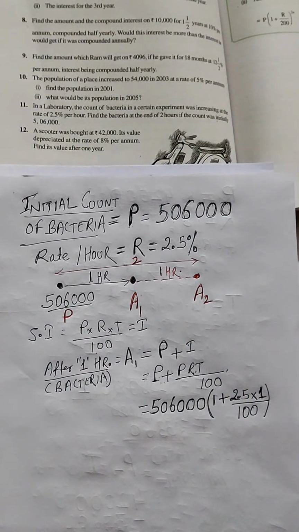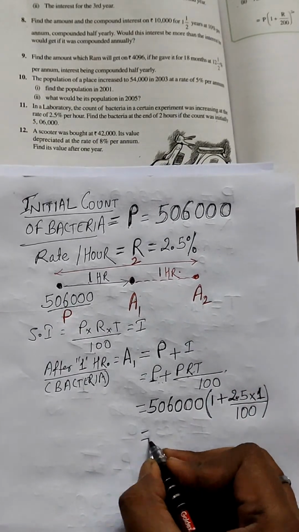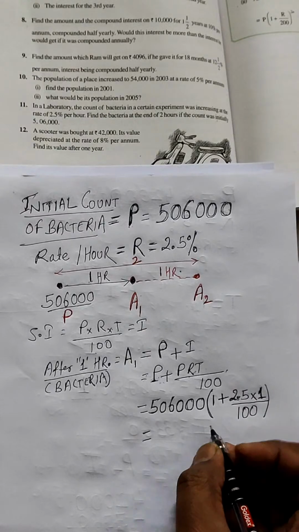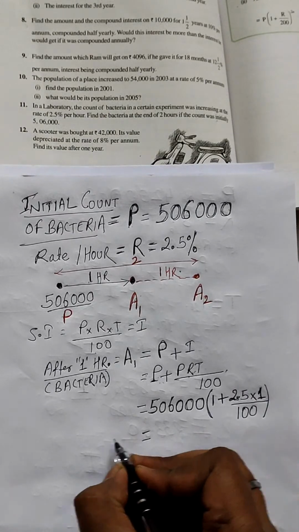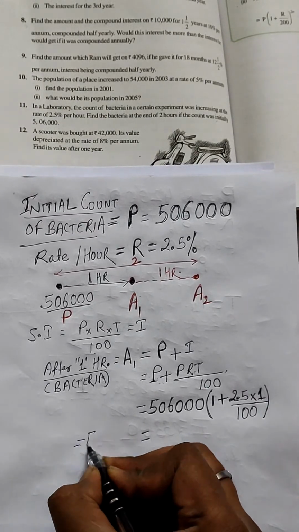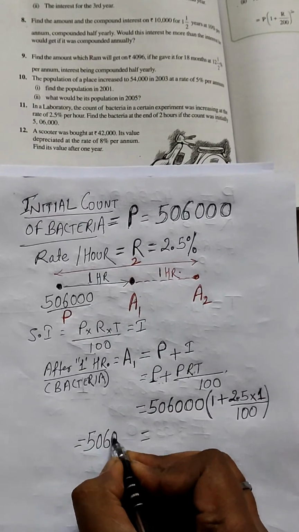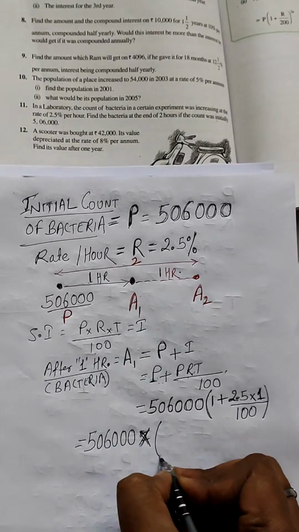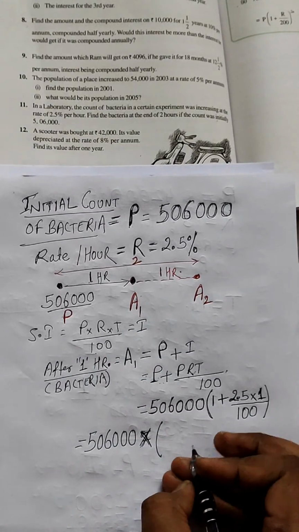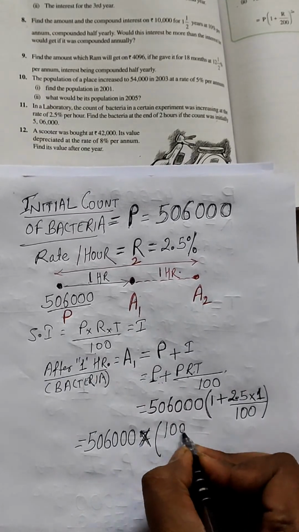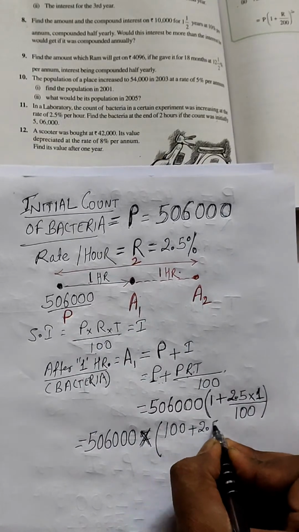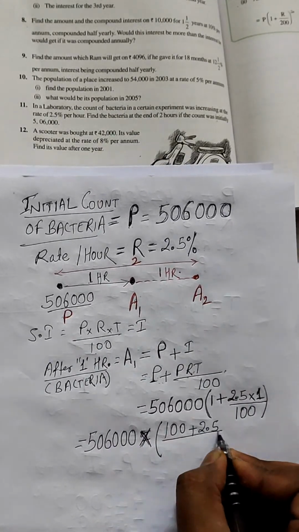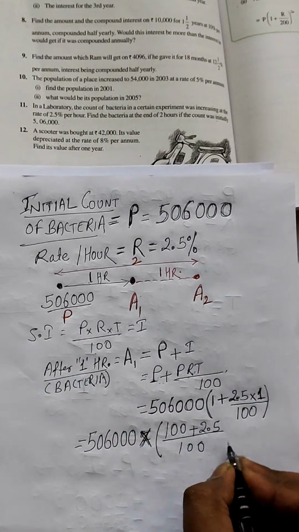So this will give you, just for writing clearly, I am shifting left, 506000 into, taking LCM 100, it will be 100 plus 2.5 divided by 100.